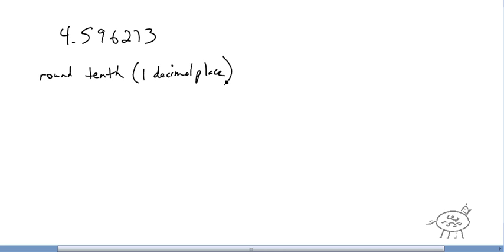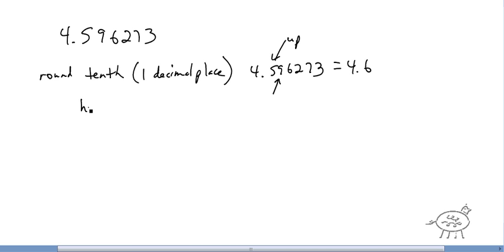That means you're going to look at the 4.5. So let me write this number out again, 4.596273. Okay, you're going to look at this guy right here, the 9, and you're going to say, oh, okay, it's 5 or bigger. That means I round this number up. So the answer is 4.6.